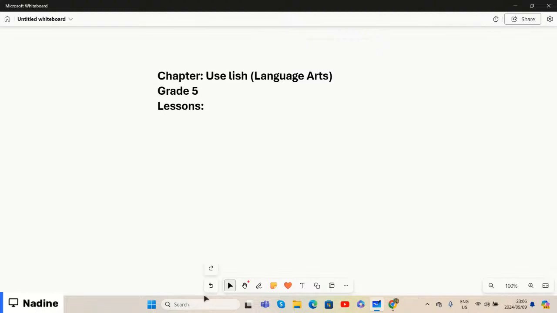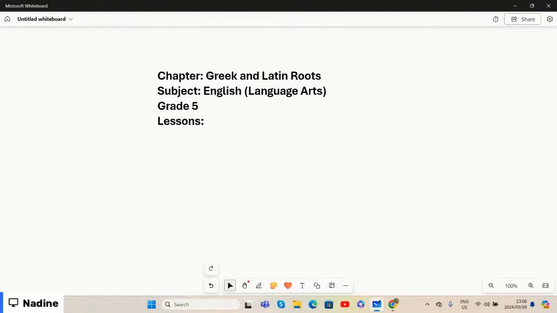We're going to use the meaning of words as clues to the meaning of Greek and Latin roots.